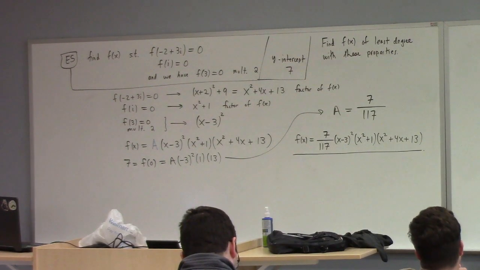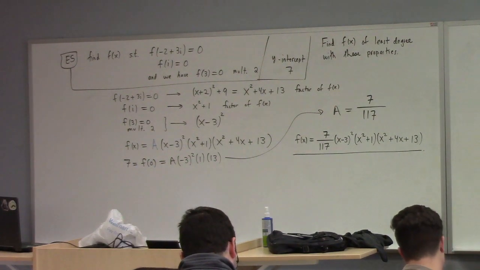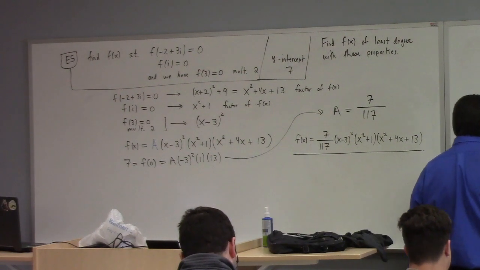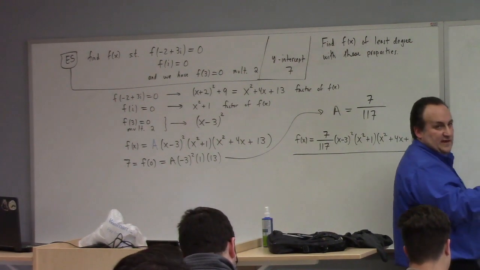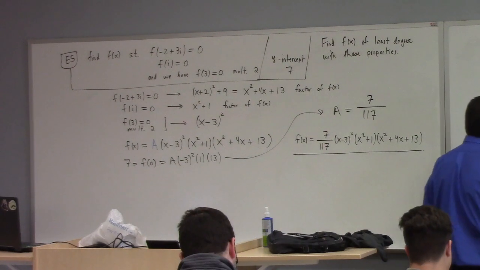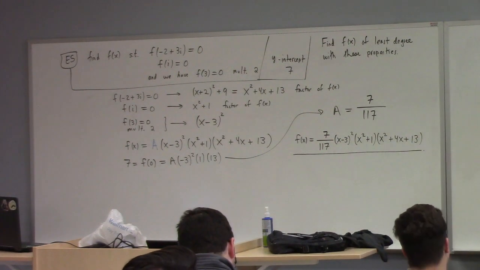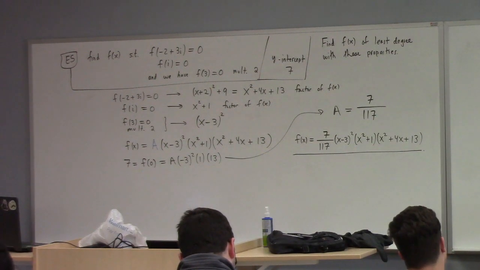Okay, so listen. If we put in 0, we get 7, right? So it's positive over here. And what about the multiplicity here? Well, it's 2. So the sign flip theorem says it stays positive. So the graph of this is actually kind of weird. Here's what I like to say: if you've got a root with an even multiplicity, the polynomial is going to bounce off such a point.